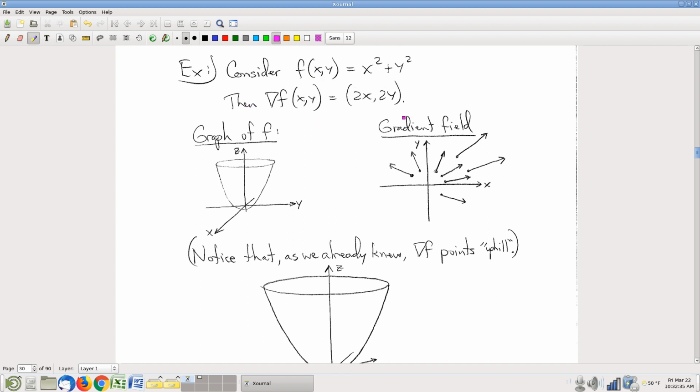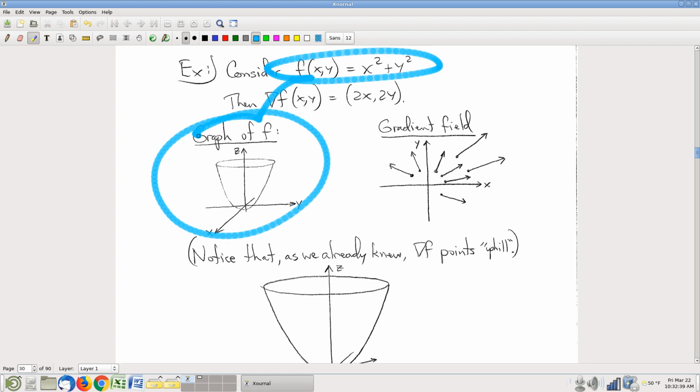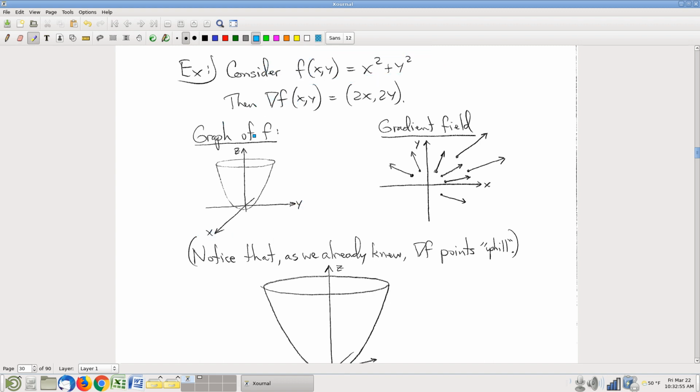Now I can draw the graph of this function. There's the graph of that function. Old news. Remember the graph is this construction where you set the output values equal to a new variable z, then you write down z equals x squared plus y squared, and look at the solution set. So there it is.